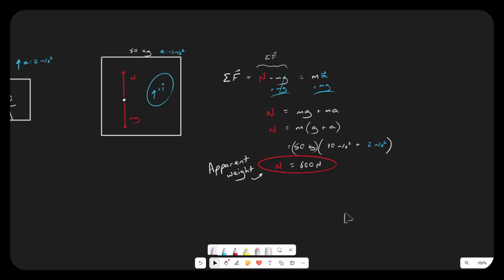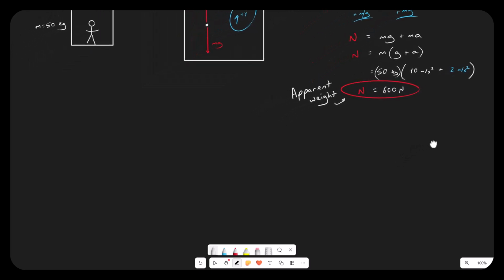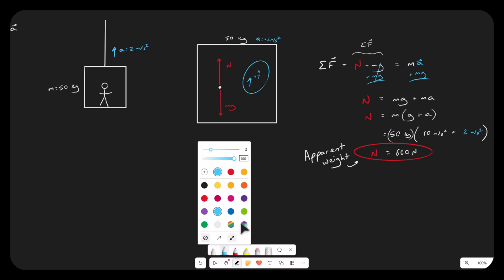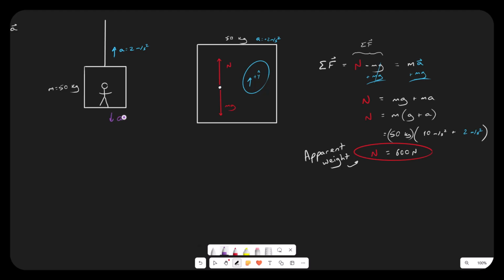Next part, same question, but now our elevator car is accelerating downward. So let's replace this with a downward acceleration.